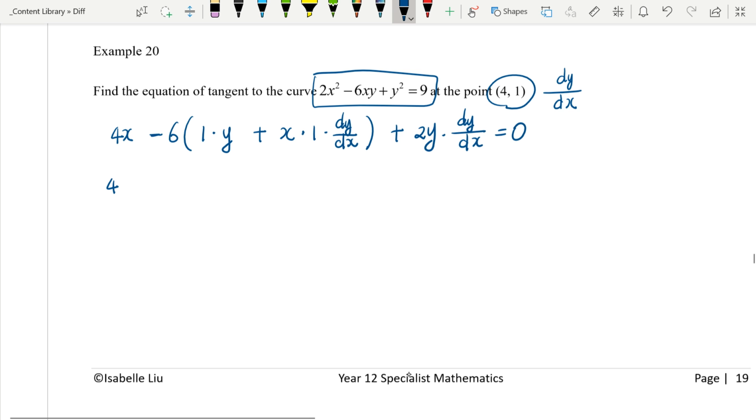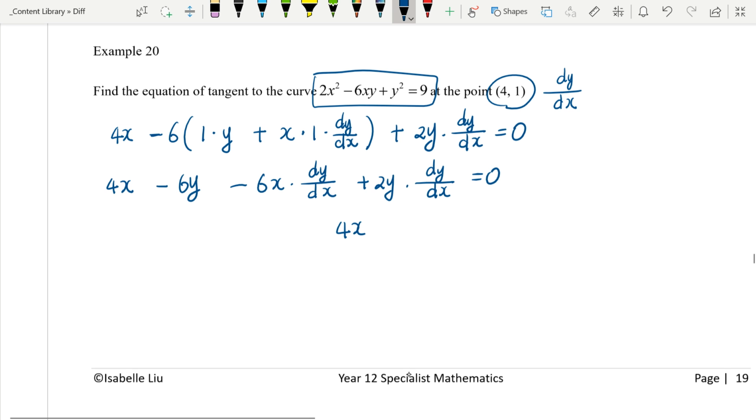So that's minus 6y and minus 6x times dy/dx, plus 2y times dy/dx, equals 0.